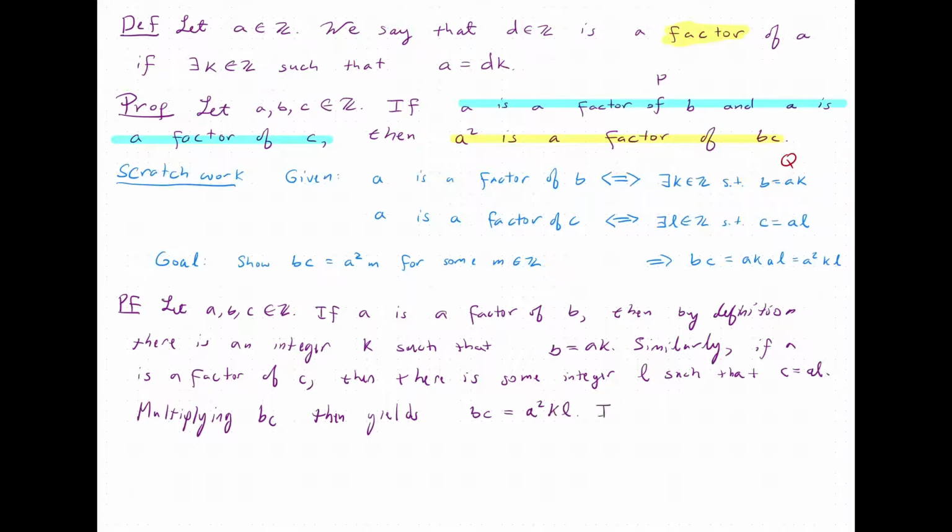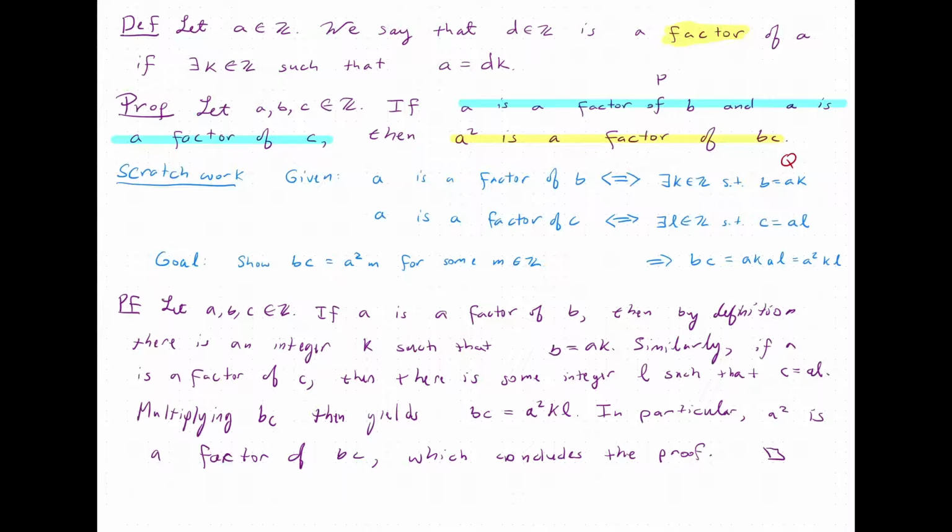So in particular, A squared is a factor of B times C, which concludes the proof. And so now we have a proof for what we have done with the scratch work.